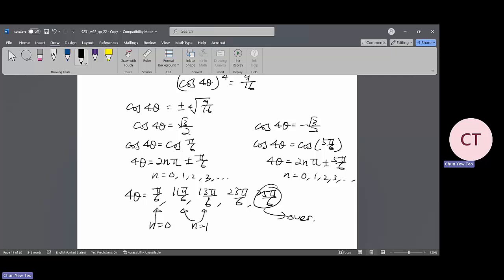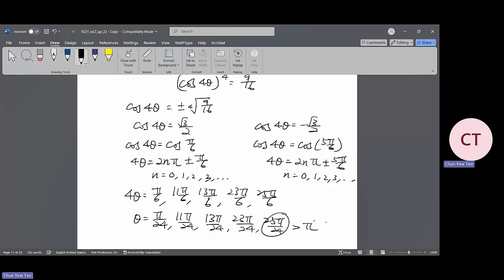What do I mean by over? You can see that if you divide by 4, it will be 25 pi over 24. So it's already more than pi.